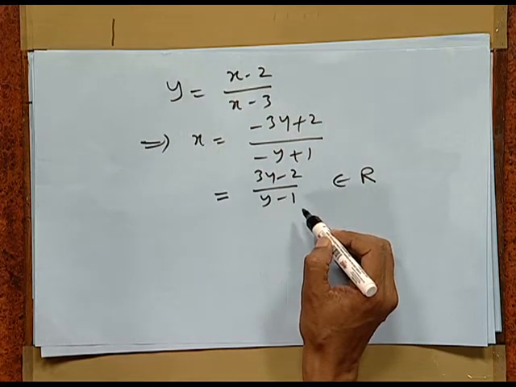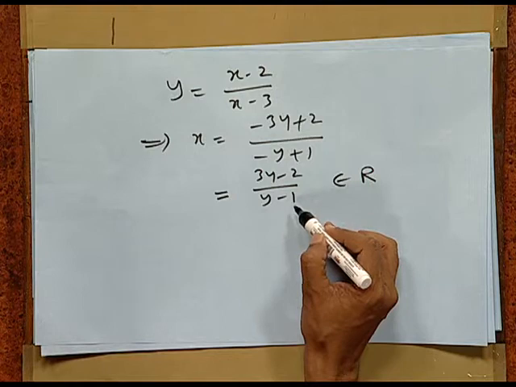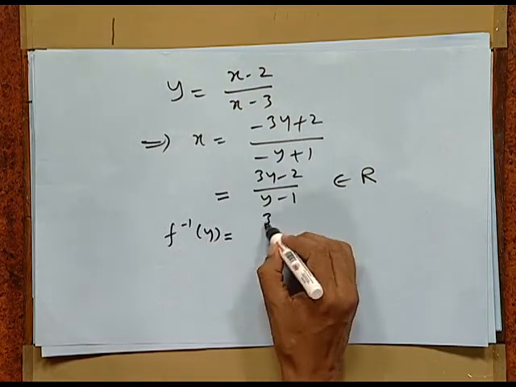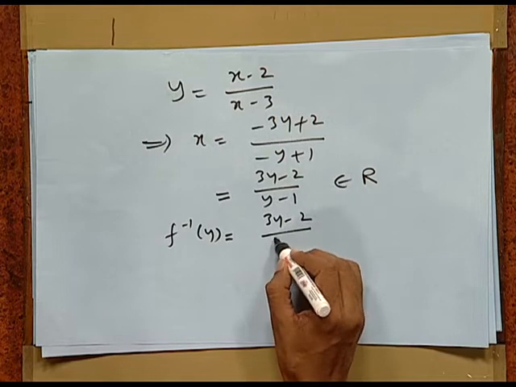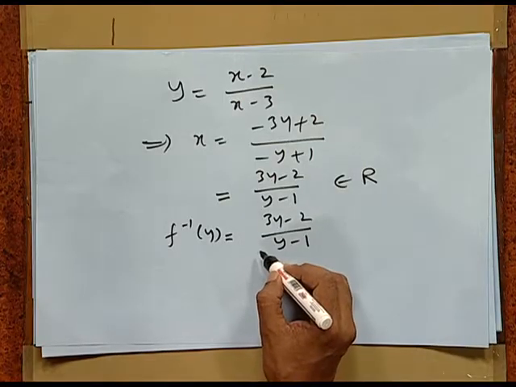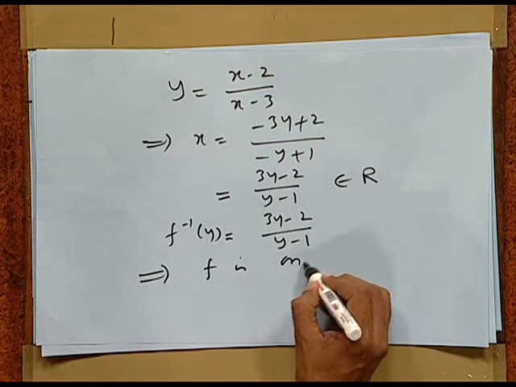But since y cannot be 1 in B, this makes sense, and hence this whole thing is a meaningful fraction belonging to R. Thus, we can say f inverse of y is equal to (3y minus 2) upon (y minus 1), and hence f inverse of y exists for every y. So, this implies f is an onto function.